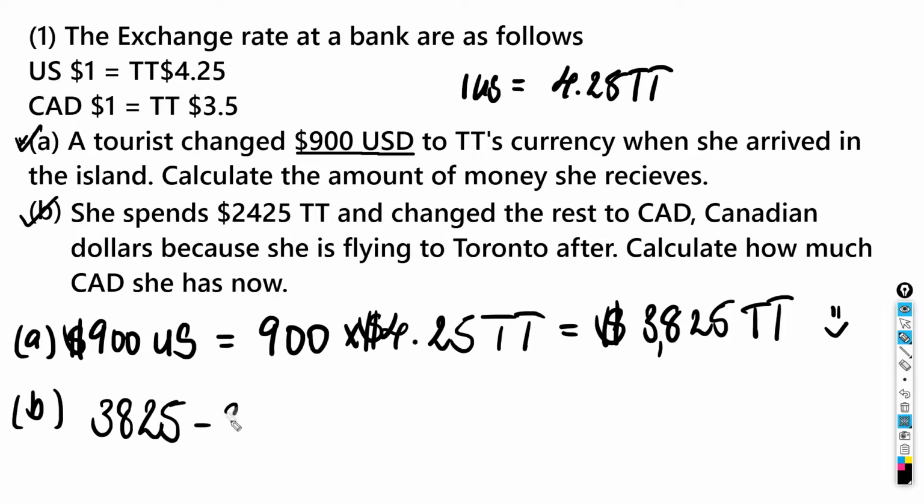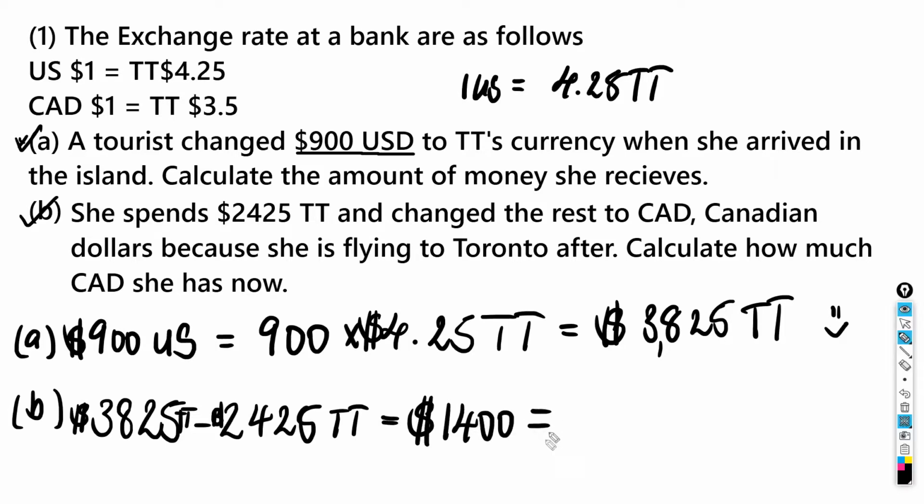Because she spent 2,425 TT. Cool. So let's subtract this, guys, and we should get 1,400 TT, all right? So this is how much money she has left before she left Trinidad, okay?